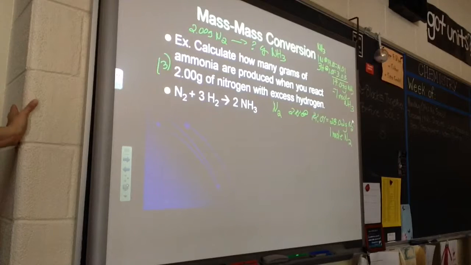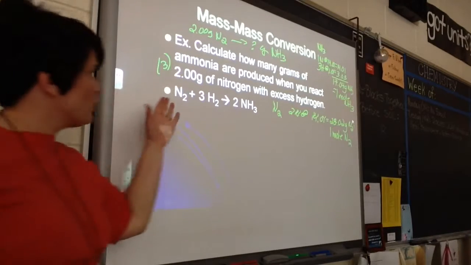People, if I'm using 17.04, which is the molar mass for NH3, immediately above or below that must be what? 1. If I'm using 28.02, immediately above or below that must be what? 1.